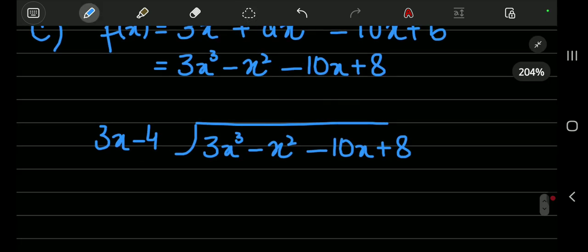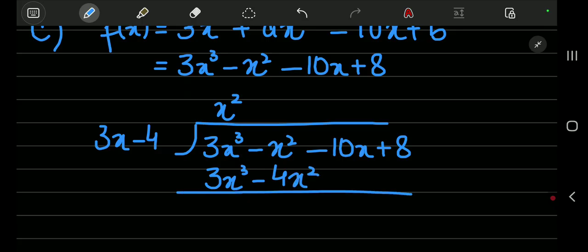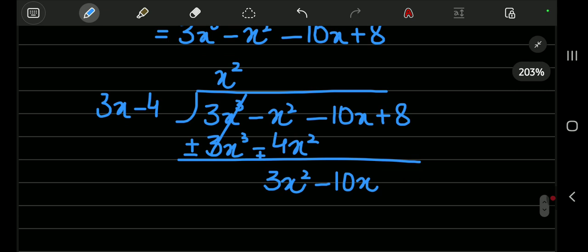3x multiplied with x square will give you 3x cube, so multiplying it with x square. Then minus 4 times x square will be minus 4x square. It will be minus 4 minus 1, that is minus 3x square, minus 10x. So 3x minus 4, the 3x, when multiplied with x, gives you 3x square.